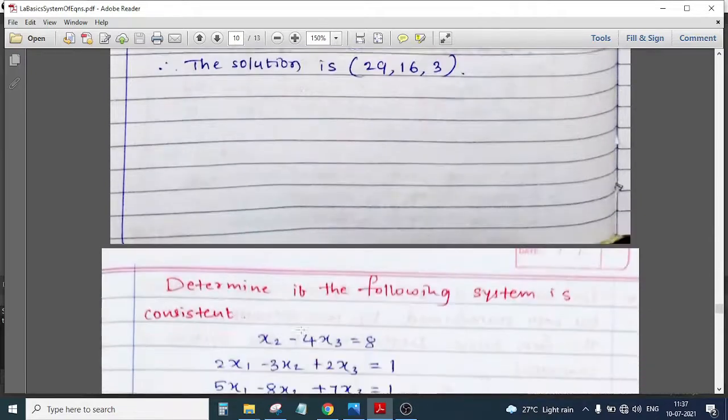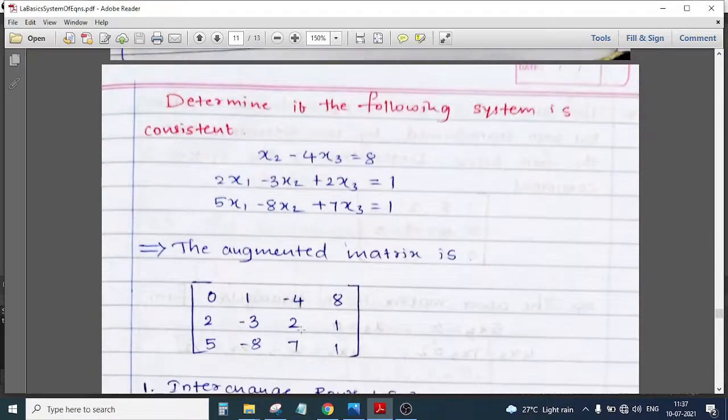Okay. So let us try to see one more example. So please concentrate here. Determine if the following system is consistent. So what is consistency? I have told you already.